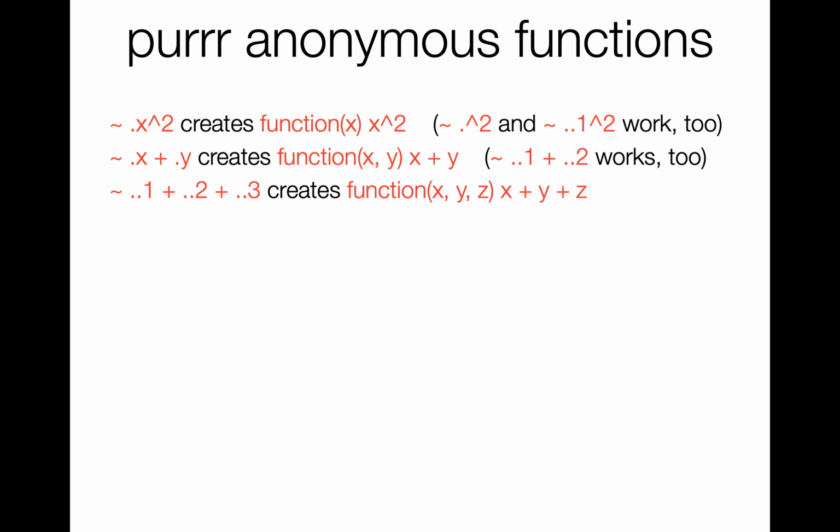Not only does it do a simple dot x squared, but it can also do multiple arguments. Dot x plus dot y after the tilde will create a 2-variable function, and so on and so forth. So it has extensions that make it more powerful than even just the regular function that I showed you.